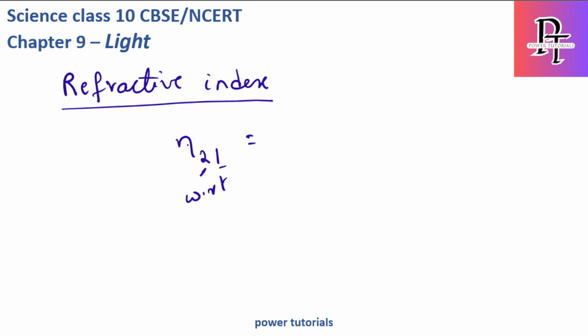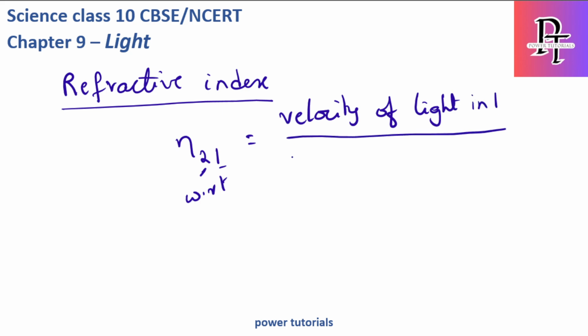If I say the refractive index of 2 with respect to 1, then the ratio will be velocity of light in medium 1 by velocity of light in medium 2.